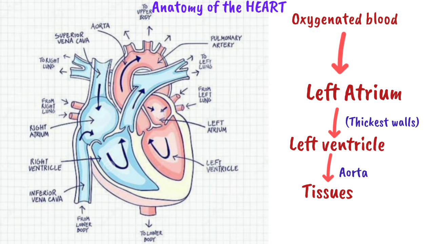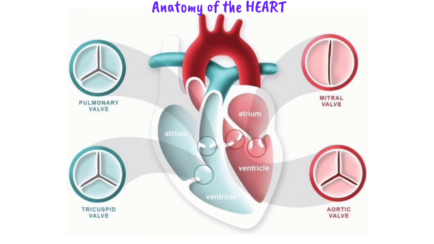Now, let's talk about the valves. There are four main valves in the heart that make sure blood flows in one direction, and these are: 1. The tricuspid valve. This valve is found between the right atrium and the right ventricle. Number 2, the pulmonary valve. This valve is found between the right ventricle and the pulmonary artery.